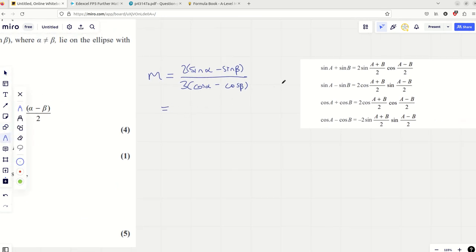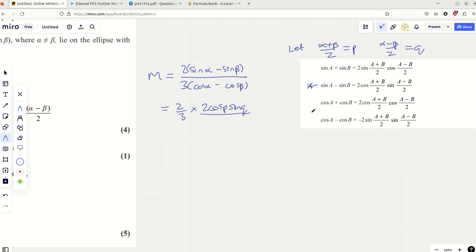We can rewrite this as, and I tell you what, if throughout this question you let alpha plus beta over 2 equal p, and alpha minus beta over 2 equal q, it's going to make things a lot easier, you're going to have to write less down. So sine alpha minus sine beta, well that's 2 cos p sin q.